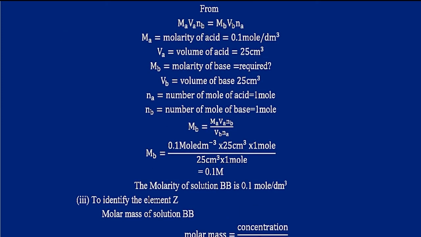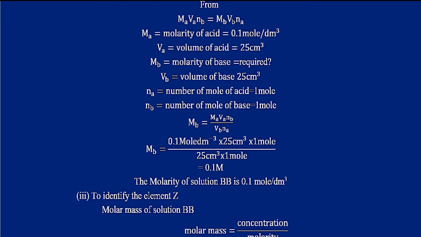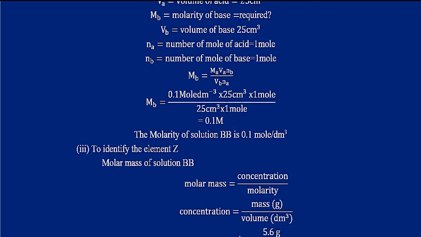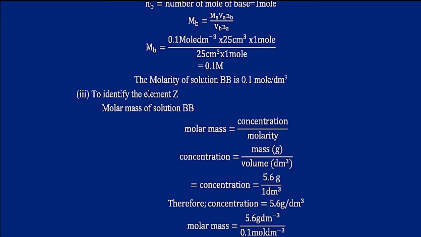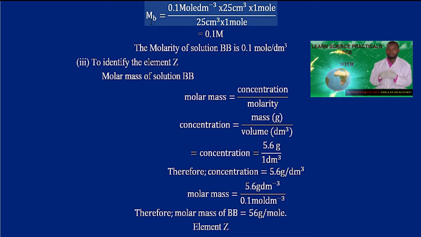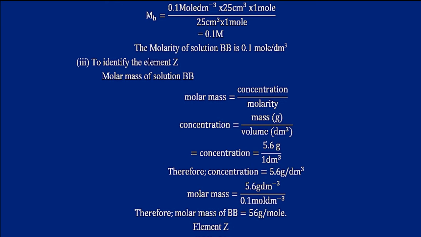To identify element Z, you are supposed to find the molar mass of the whole compound first. Because Z is unknown, we find the whole molar mass in order to get it, then remain with the value of Z. So molar mass is concentration over molarity. The molarity of base is here.